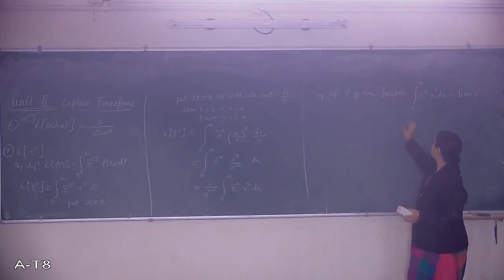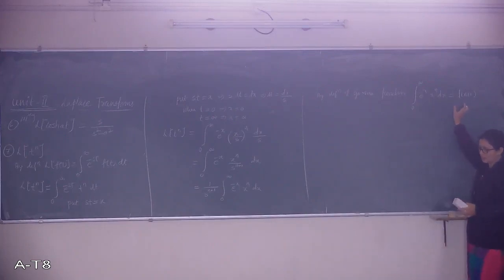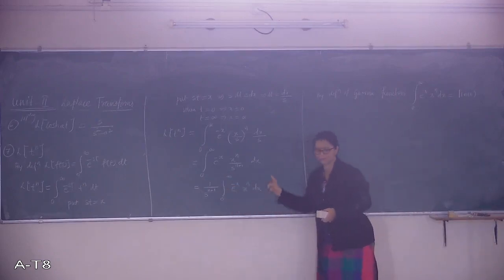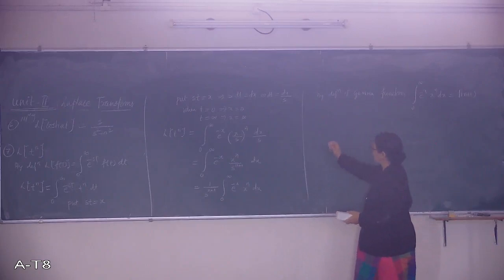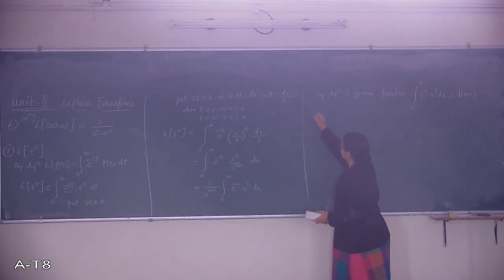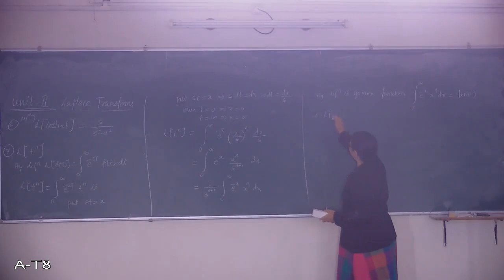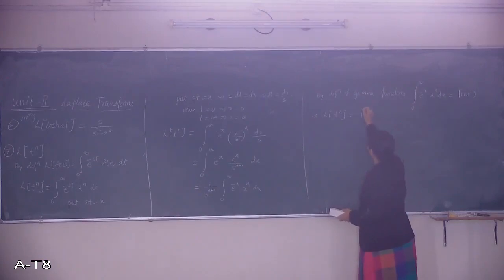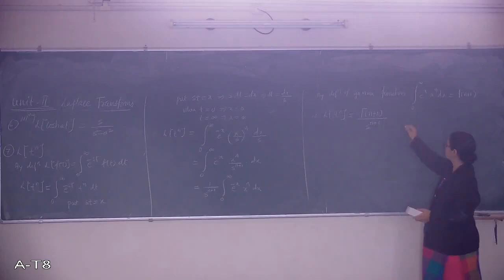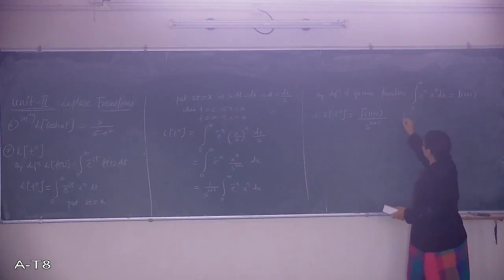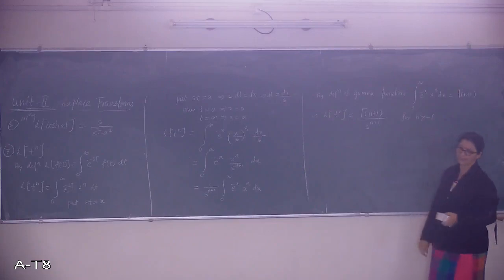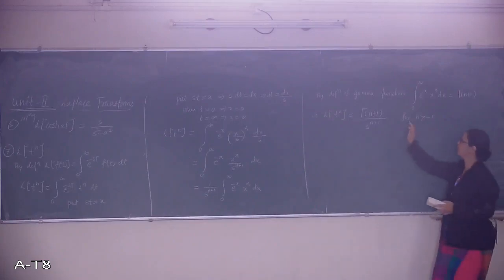So I replace this integral by the gamma function. Therefore the Laplace transform of t to the power n is gamma of n plus 1 divided by s to the power n plus 1, and this result is true for n greater than minus 1.